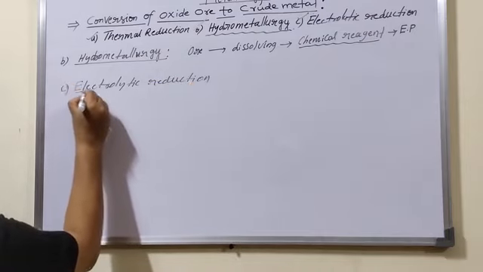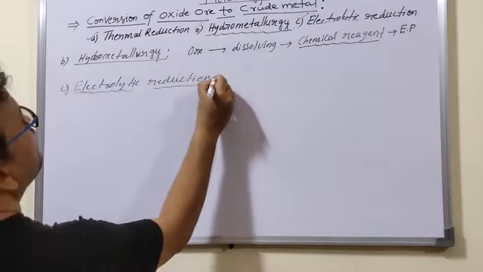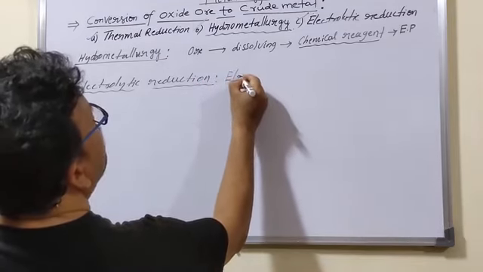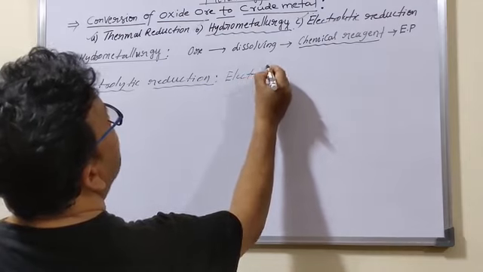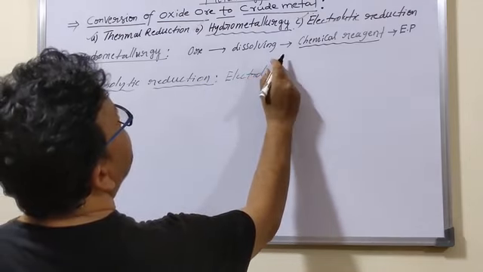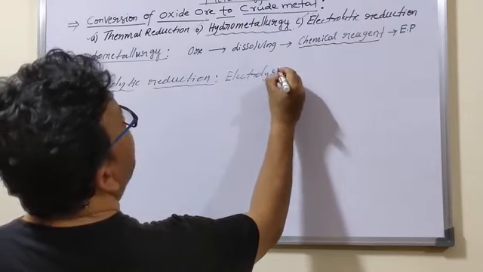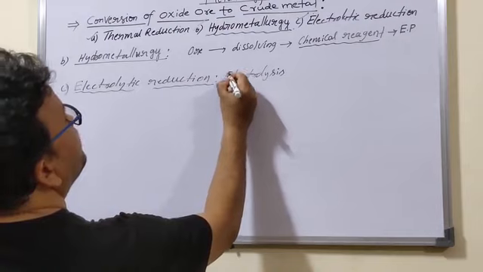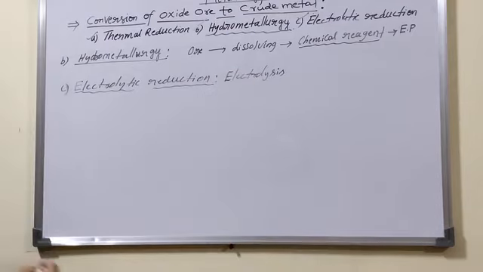What is meant by electrolytic reduction? Here we are doing electrolysis, and by doing electrolysis we can get the respective metal.